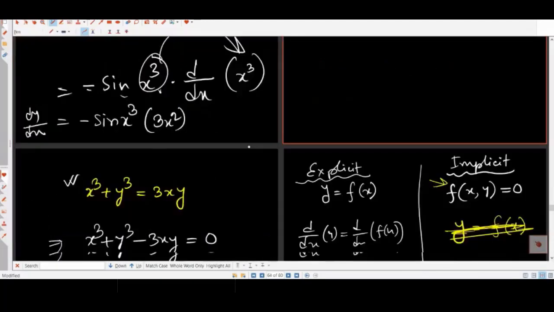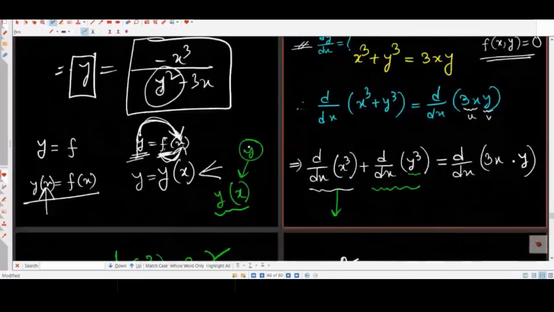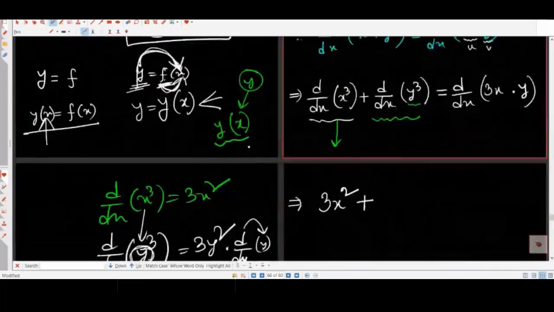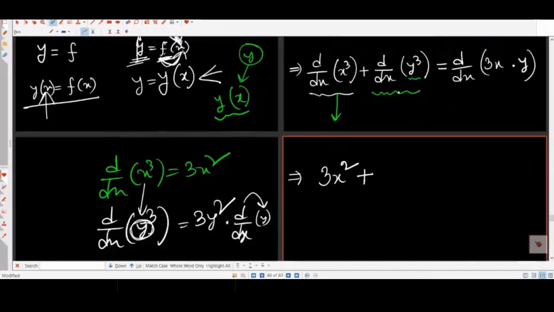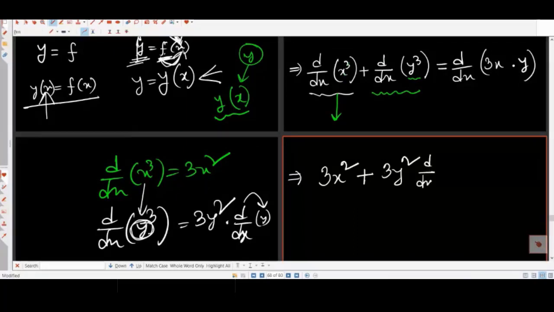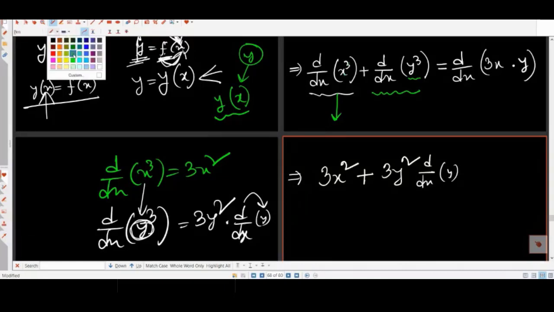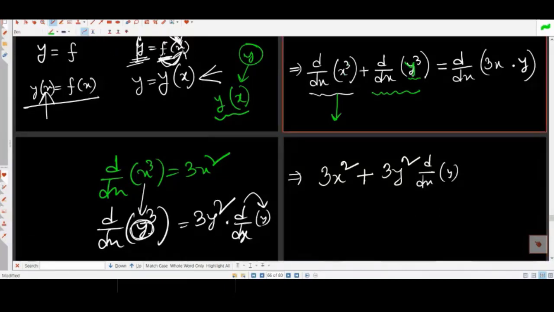So it is the chain rule. Implicit differentiation says that y is not constant, y is variable. So the differentiation of y cubed will be 3y squared, obviously, but d/dx of y will be here also, because we are considering y as x. So the differentiation of x cubed is 3x squared, and the differentiation of x again. So this is the chain rule.